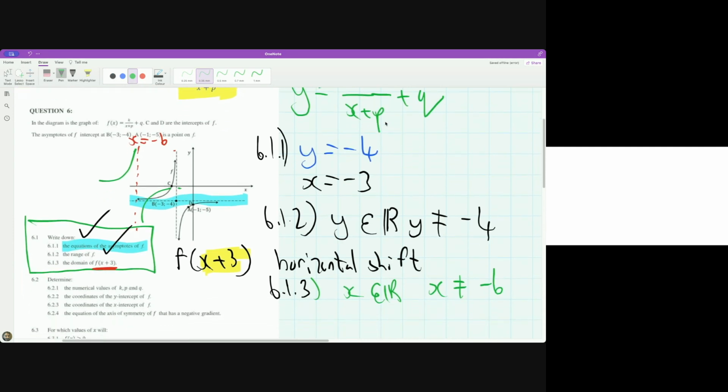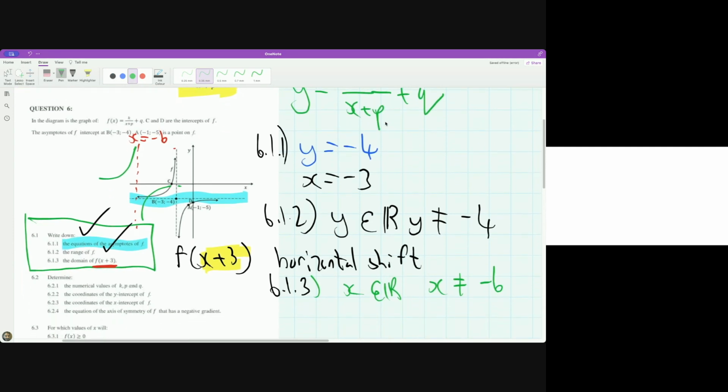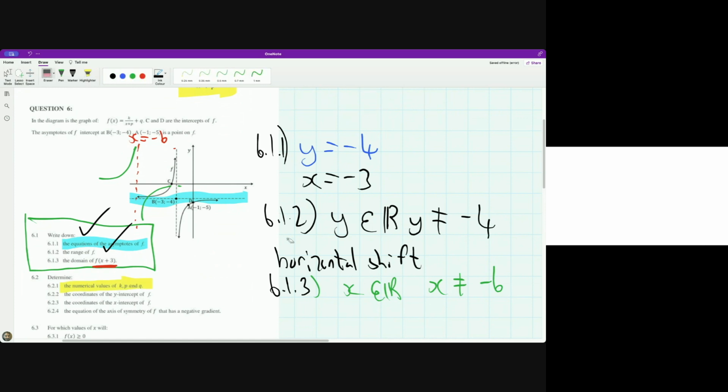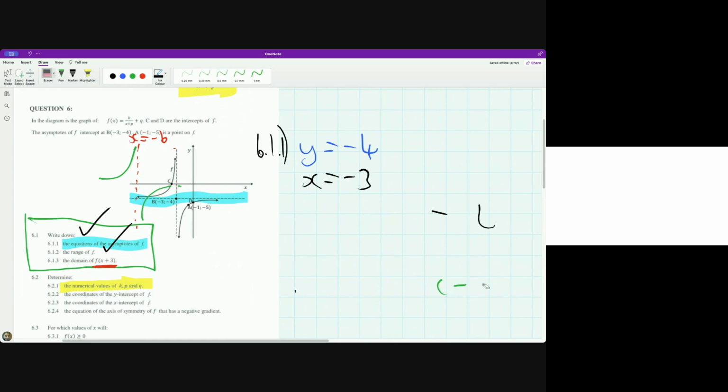Okay, while we're doing all right, why don't we have a quick crack at finding the numerical values of k, p, and q. Now, where have we seen that before? Well, that's actually just the standard form of this hyperbola.